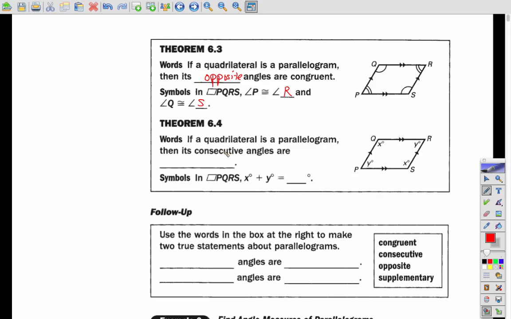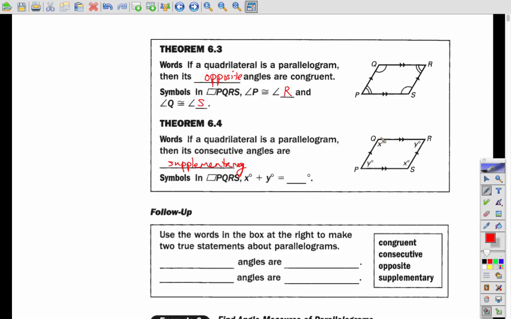And the second theorem says if a quadrilateral is a parallelogram, in other words, I already have a parallelogram, then its consecutive angles are supplementary. If you recall, I think it's chapter 3 where we learned 4 sets of angles.